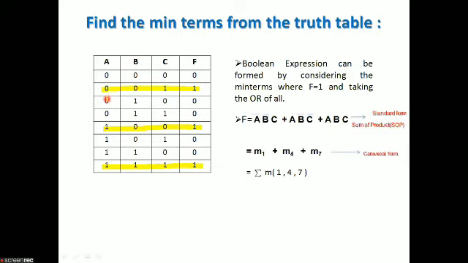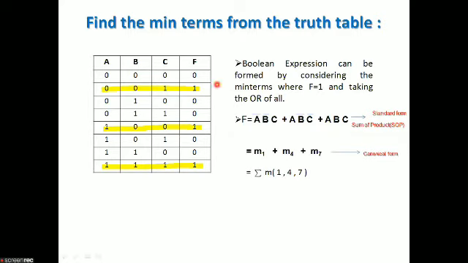Already it was told in the previous slide that we will be taking the function values where the values are 1. So this is the function values, and we are taking the combinations where the function values are 1.